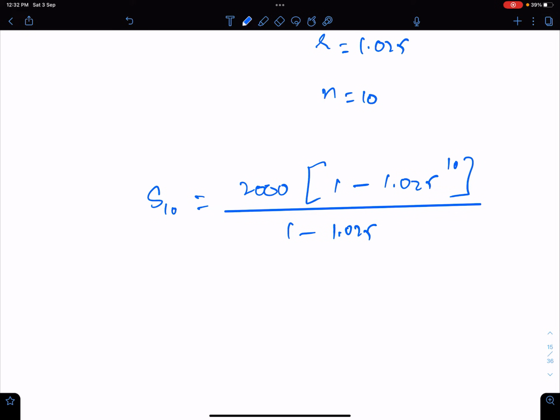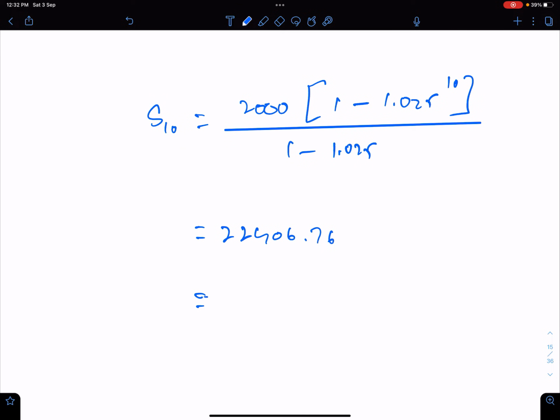So when you solve this, you will get 22406.76, but you have to leave your answer up to 3 significant figures. So 22400 dollars.